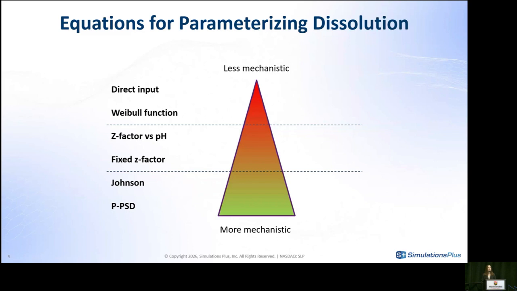And by doing that, we're able to much more easily translate in vitro to in vivo dissolution. However, all of these different equations can be suitable. It just really depends on the case. It depends on factors such as model purpose, rate determining steps to absorption, as well as the shape of the profile.